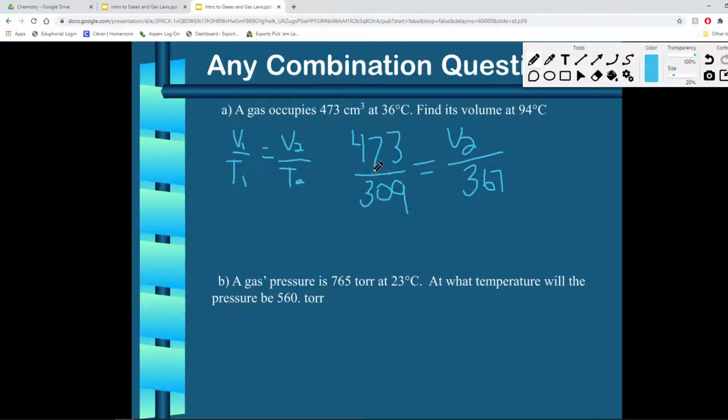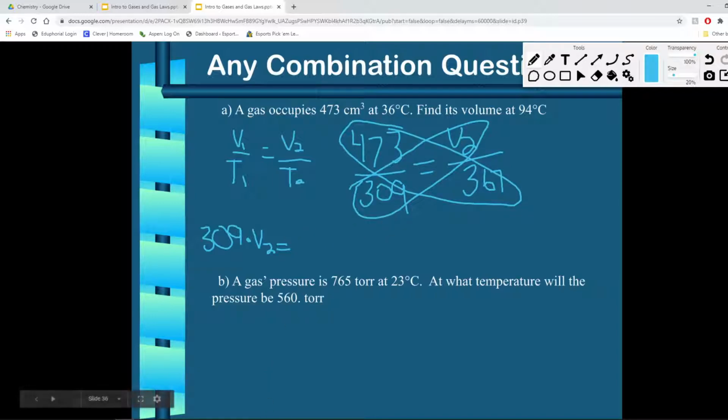And then we just cross multiply. 309 times V2 is equal to 473 times 367.